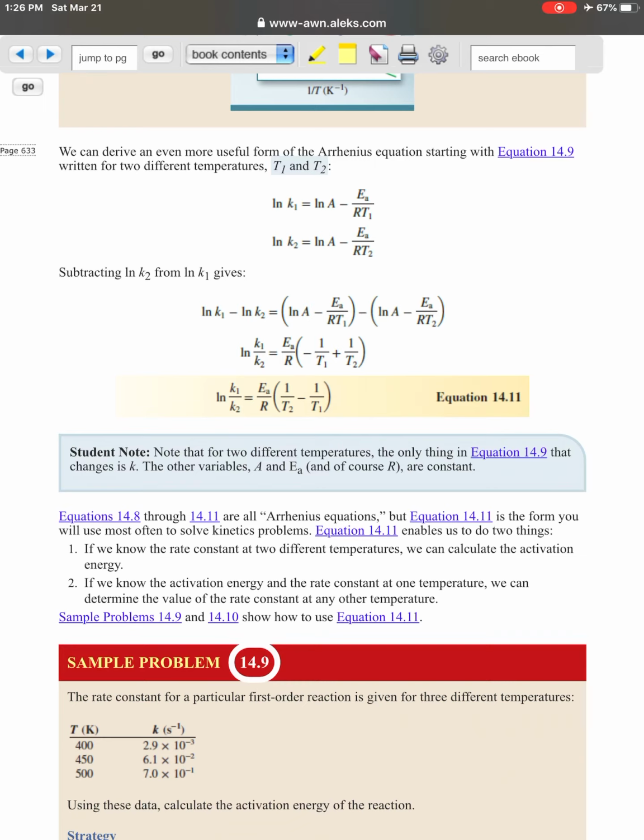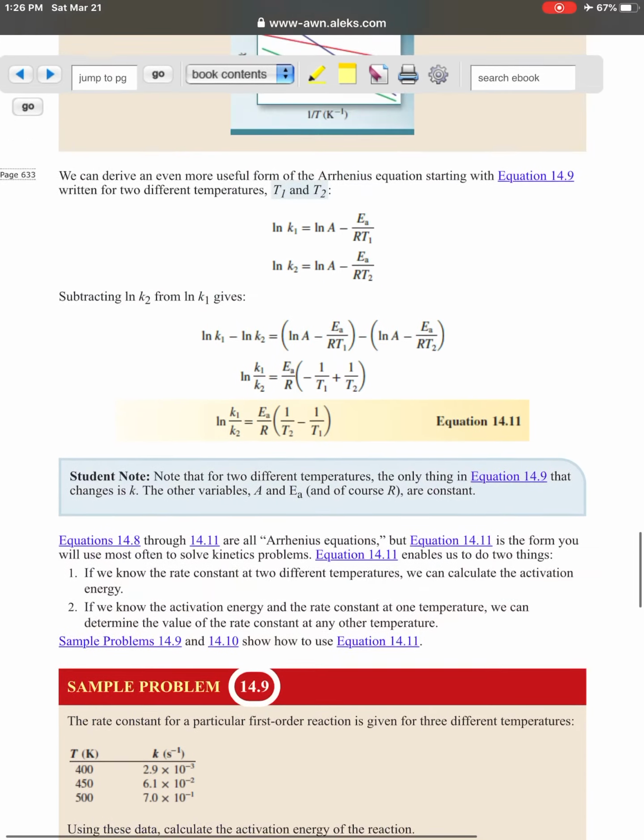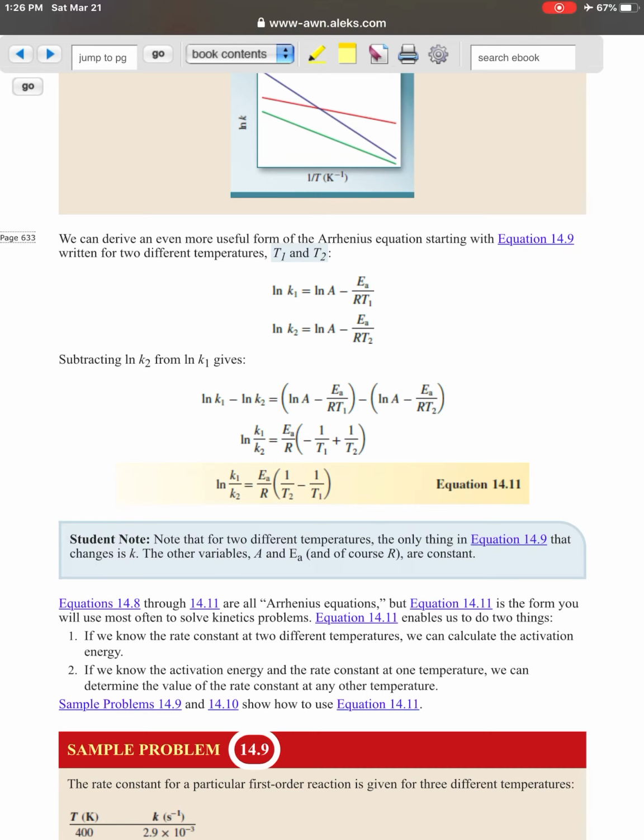We can derive an even more useful form of the Arrhenius equation, starting with equation 14.9, written for two different temperatures, T1 and T2. Now, this is a bit of an editorial issue. It may not be a more useful form, but it is a different form. So let's imagine that we're going to do this experiment with two different temperatures, T1 and T2, and measure k, so k1 for T1, and then k2 for T2.